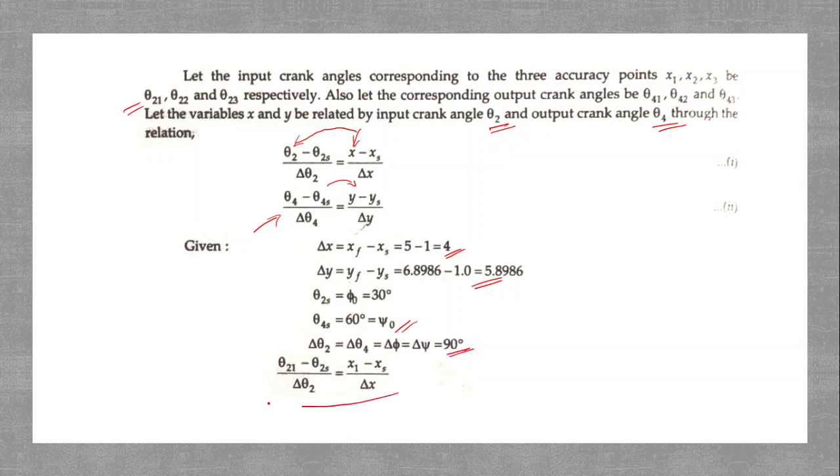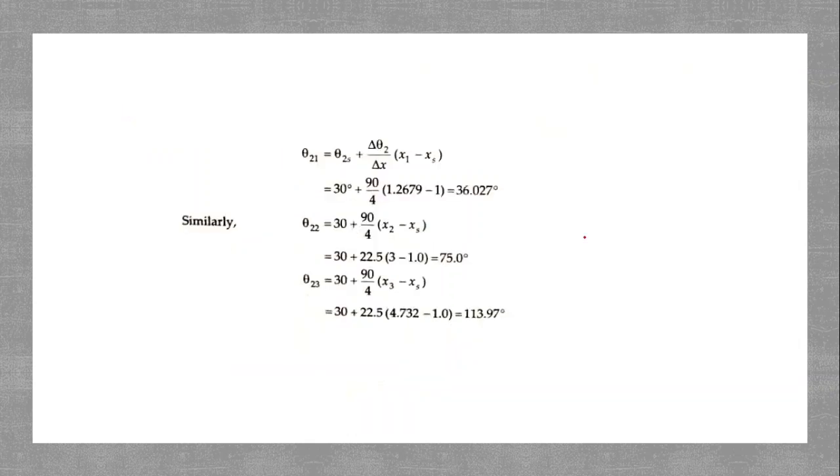Then by applying this particular equation, (theta 21 minus theta 2s) divided by delta theta 2 is equal to (x1 minus xs) divided by delta x. Then theta 21 is equal to theta 2s plus this particular value. That is theta 21.